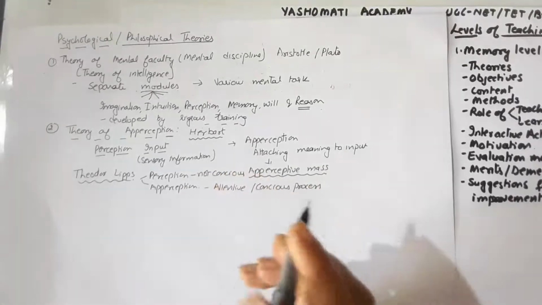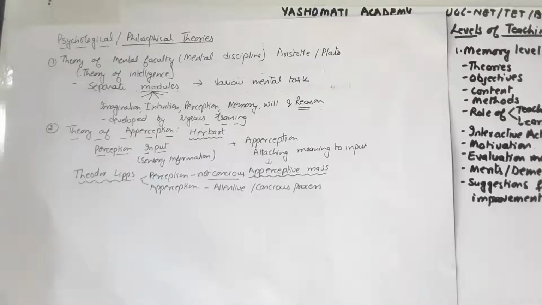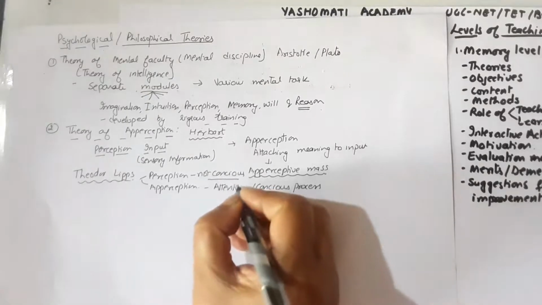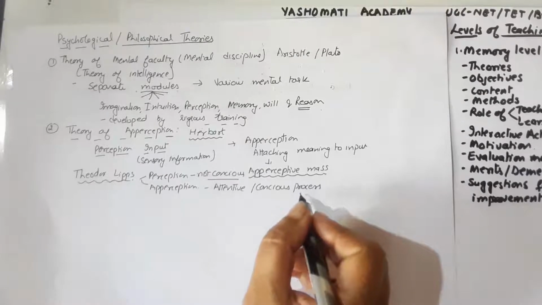Now what does it mean? It means that the learner may be receiving certain information, perceiving it through unconscious effort also. He is not making a conscious effort. Whatever information he is gaining from his environment, he is receiving unconsciously. But as far as attaching meaning to this information is concerned, for that he needs to be attentive and has to make a conscious effort.